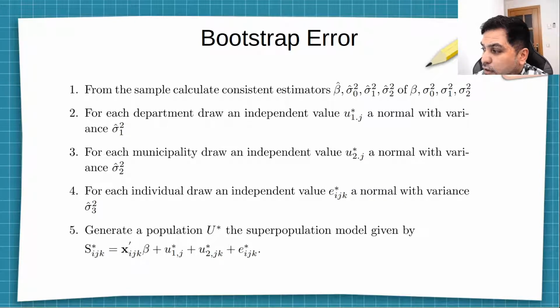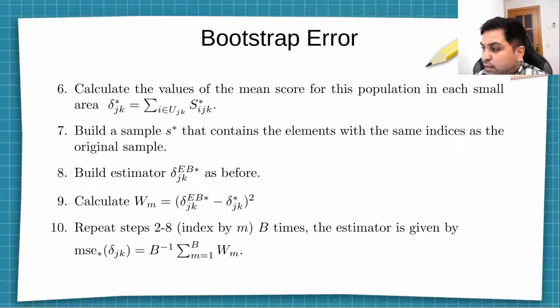Basically, we took our estimation, our values, and created a new population, as if drawing new values for the U1, U2, and the error. In this new population, we know all the scores, and with these values we build the mean score for each area.